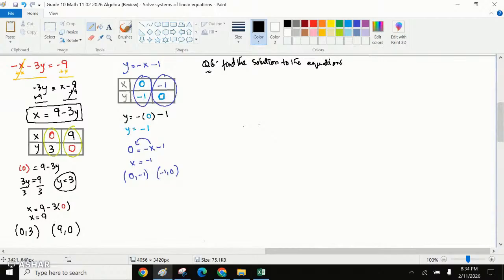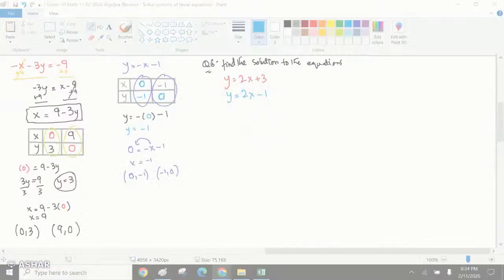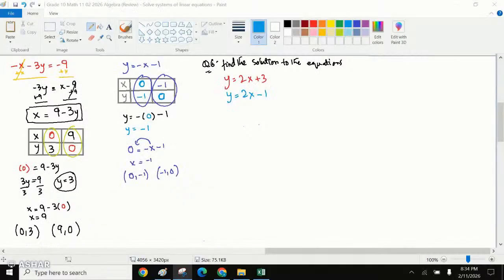What happens over here is if I write the first equation to be y is equal to 2x plus 3, and the next equation to be y equals 2x minus 1. Let's see where these two equations would intersect each other. I'll just bring the graph and paste the graph.